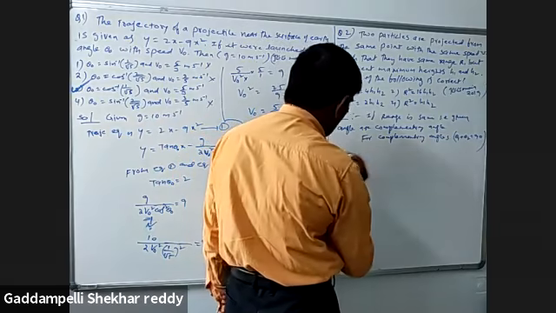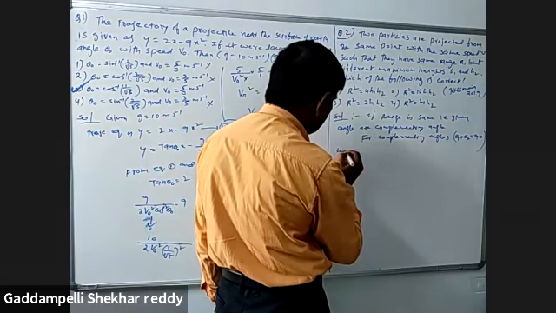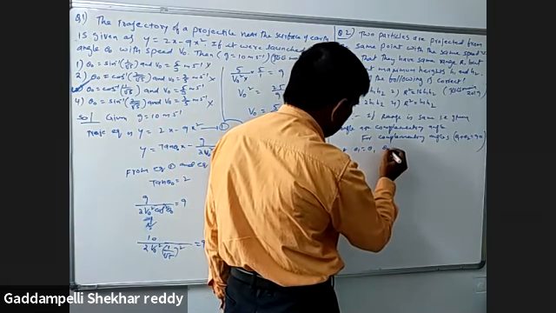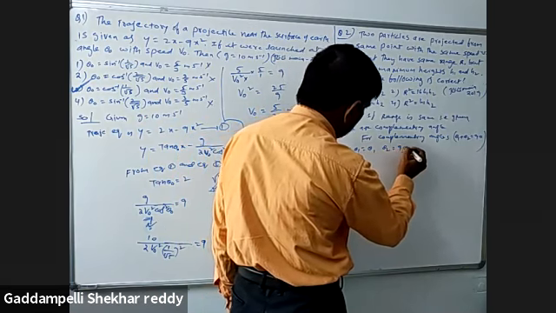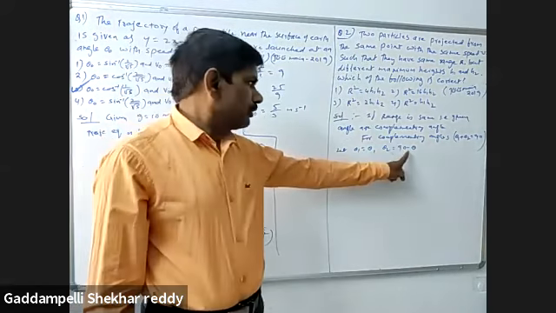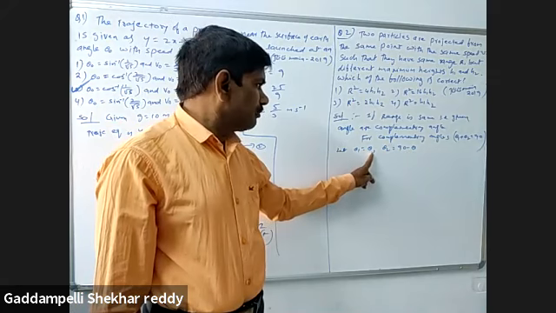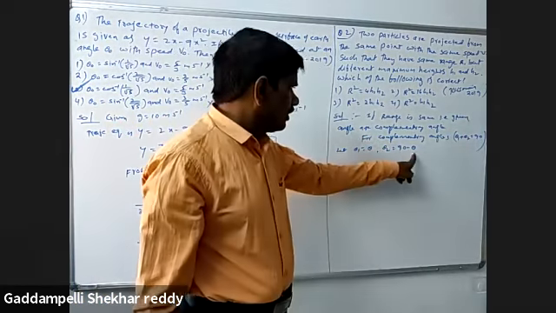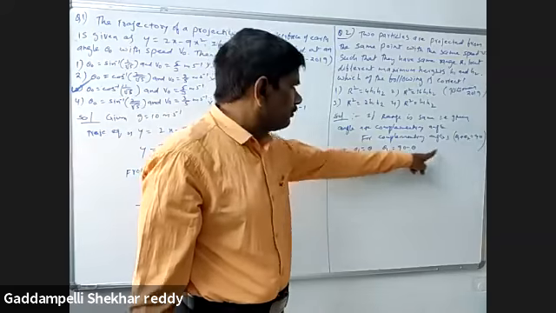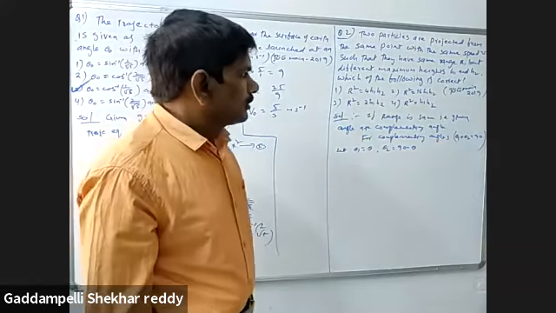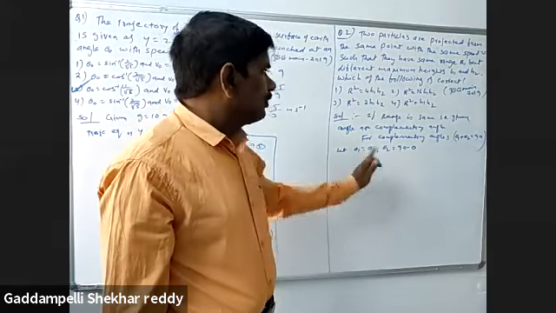So let theta 1 be theta and theta 2 be 90 minus theta. Then theta 1 plus theta 2 is 90 degrees. For complementary angles, the sum is equal to 90 degrees.